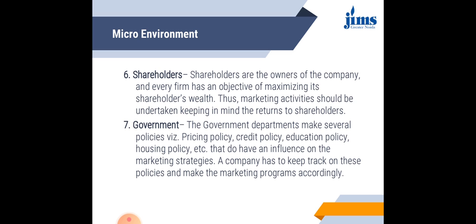So definitely these policies impact your business. You have to abide by the rules, the updations, and the bylaws stated in the policies framed by the government, if you need to keep your company updated and survive in the market. So you need to keep track of government policies and what changes are there accordingly.